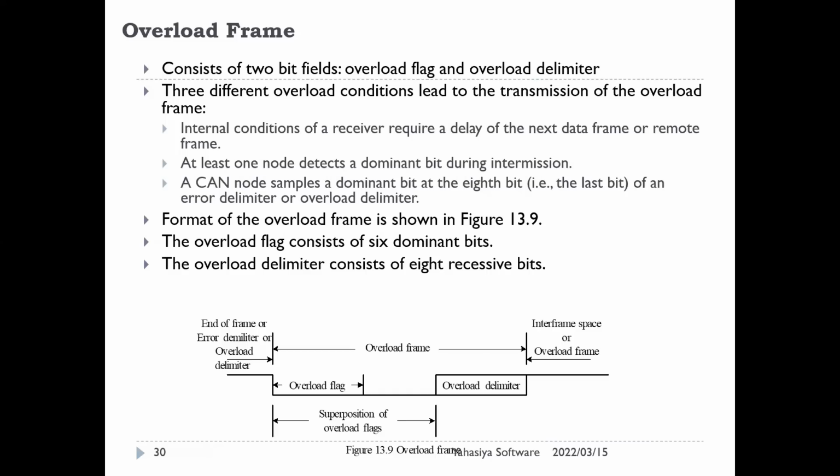But when a node is overloaded, it communicates to the transmitter, "I am overloaded, so you can transmit the message after some time." For that, this overload frame will be transmitted. So who is transmitting it is what matters.